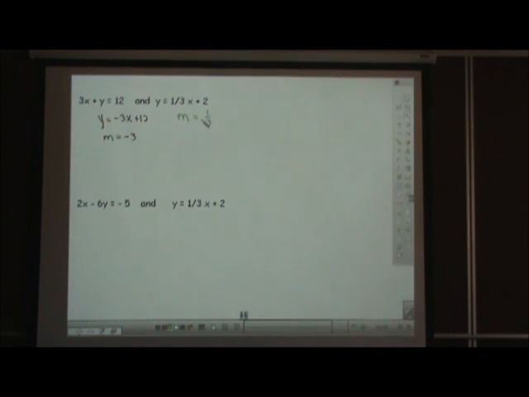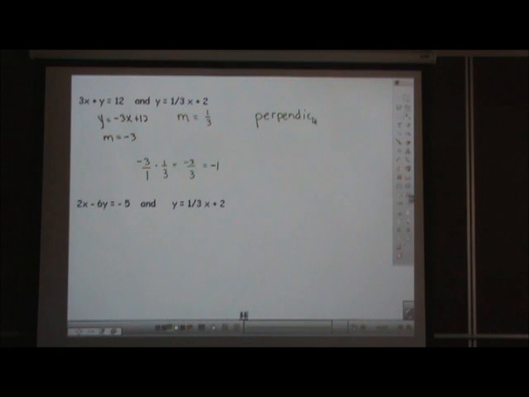They're opposite signs, and 3 and 1/3 are reciprocals of each other. If I wasn't sure, I could say negative 3 over 1 times 1 over 3. That gives you negative 3 over 3, which is negative 1. So if you're not sure, check their product and see if it is negative 1. But if you can see opposite signs and reciprocals, then use your word perpendicular here.